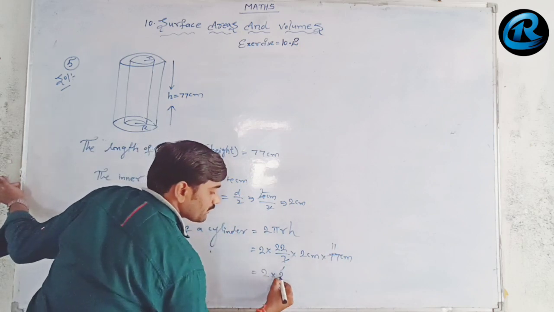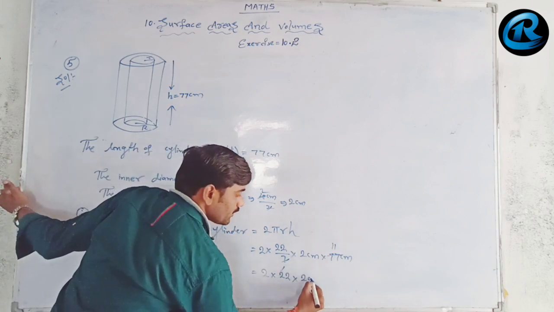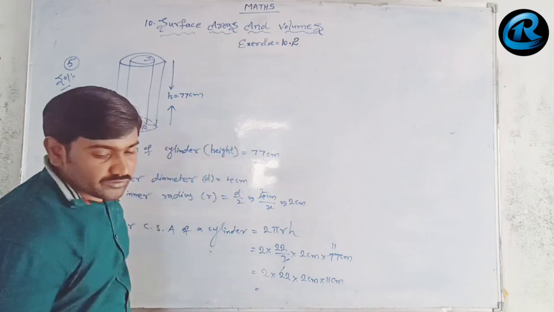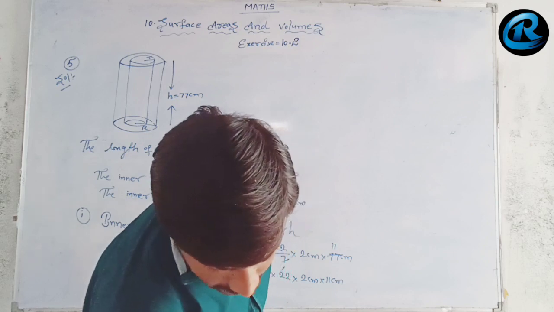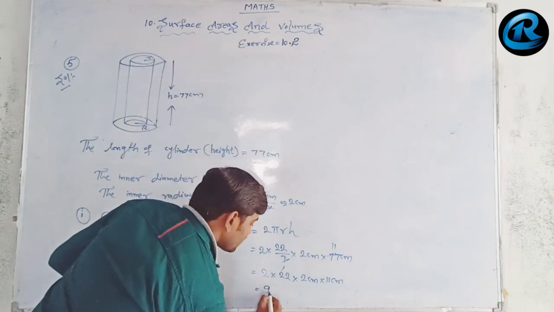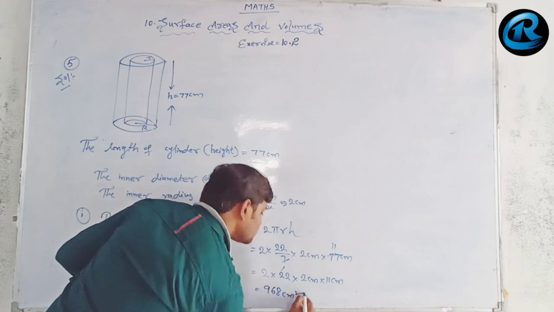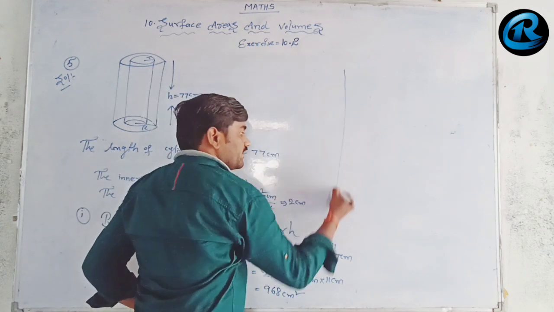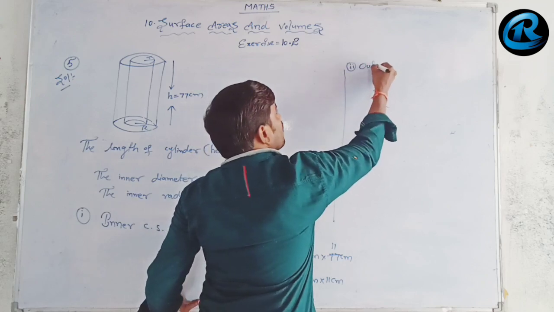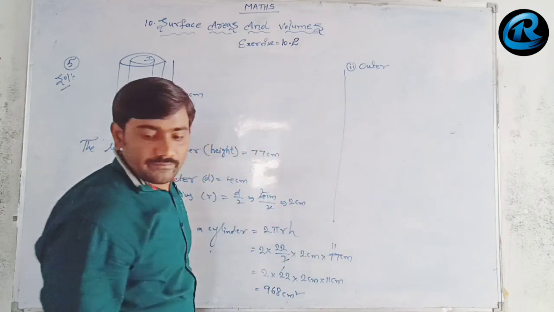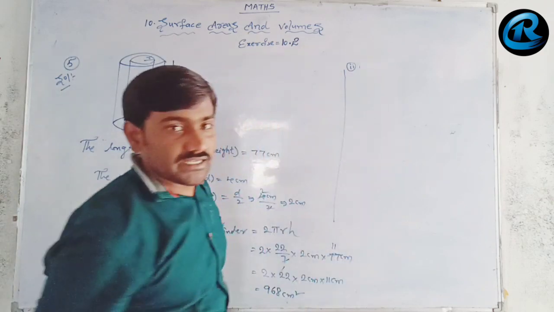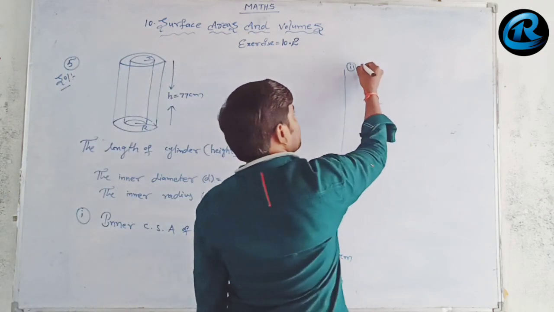So 2 into 22 into 2 centimeters into 11 centimeters. When you multiply all this, at last you will get 968 centimeters square. Then the next one, second one, outer surface area we need to find. Before that, outer radius, outer diameter.